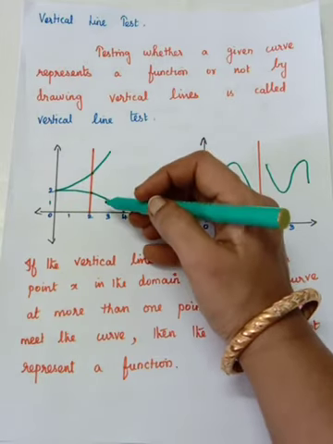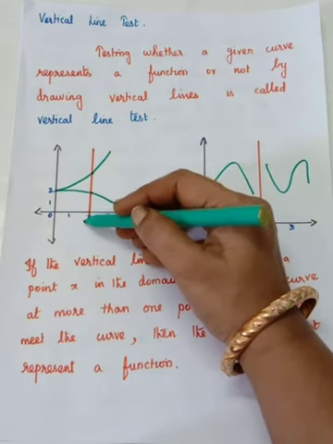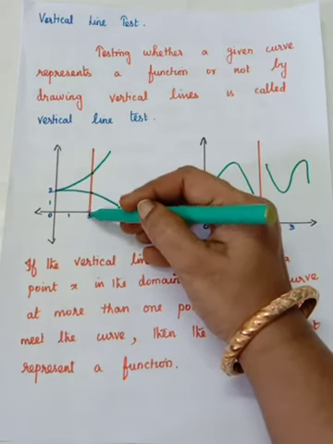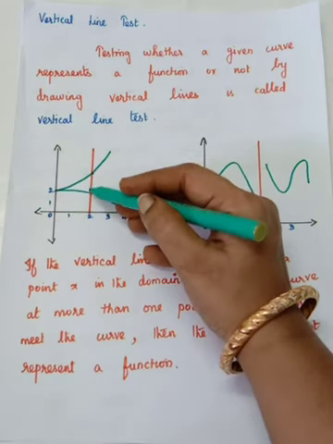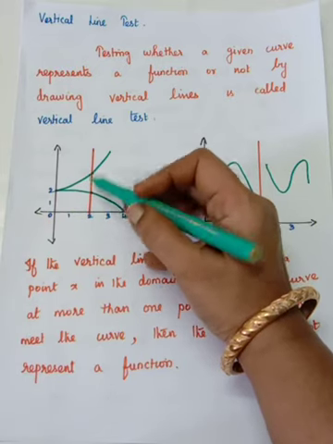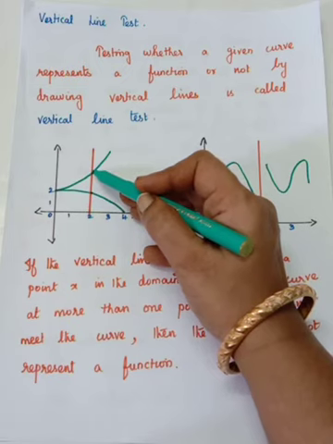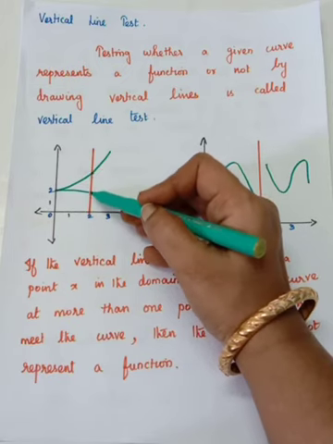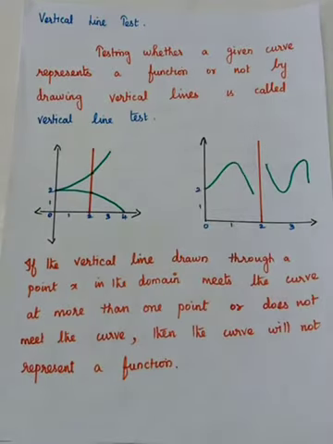So it violates the rule of a function, because each element in the domain has to be mapped to exactly one element in the codomain. Therefore, if the vertical line touches the given curve at two different points, the given curve does not represent a function.